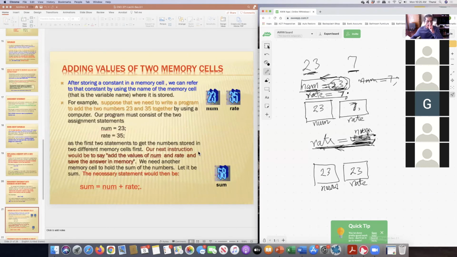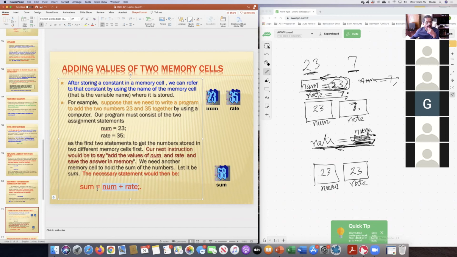Okay, so how do we then write the program that will add two numbers? Simply these: num equal to 23. If I just say num equal to 23, then I'm storing 23 in a memory cell called num. Rate equal to 35, storing 35 in the memory cell called rate. Then I can write num plus rate to add the memory cells num and rate. The values stored in the variables num and rate will be added. The plus symbol stands for addition, the same way as in math.